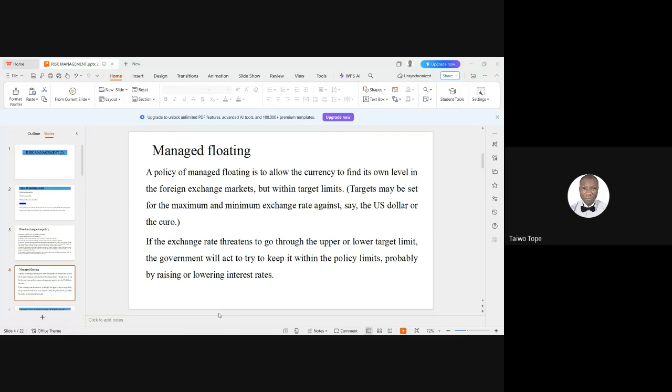In so doing, we have the managed floating exchange rate. So these are the forms of exchange rates that we have. These write-ups you can see on the screen, I adopted them from the ICAN study pack.